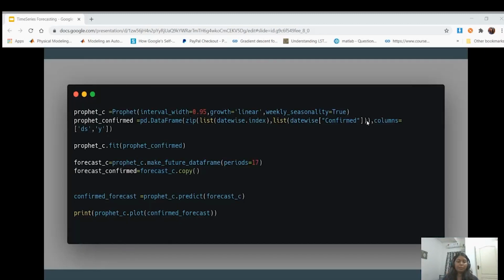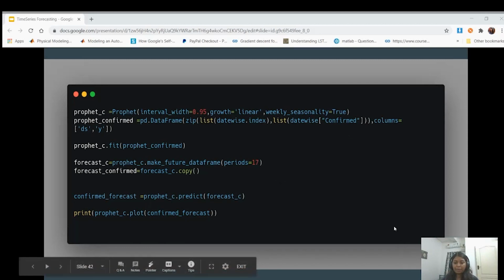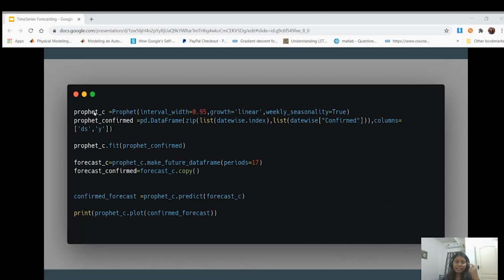Now Prophet. Prophet is given by Facebook. So you can just import a library from fbprophet, import Prophet, and then you can see the confirmed cases.